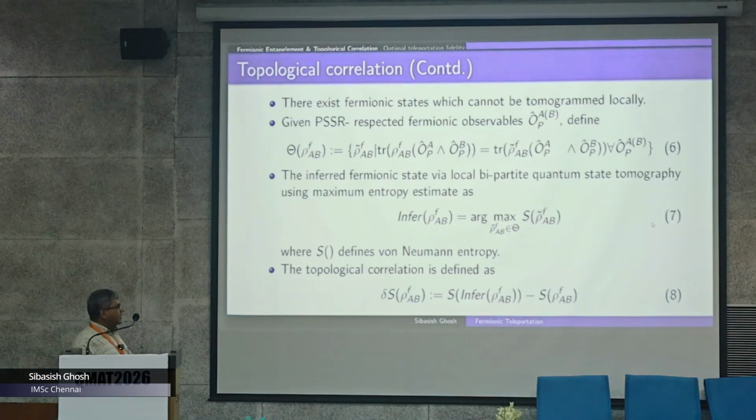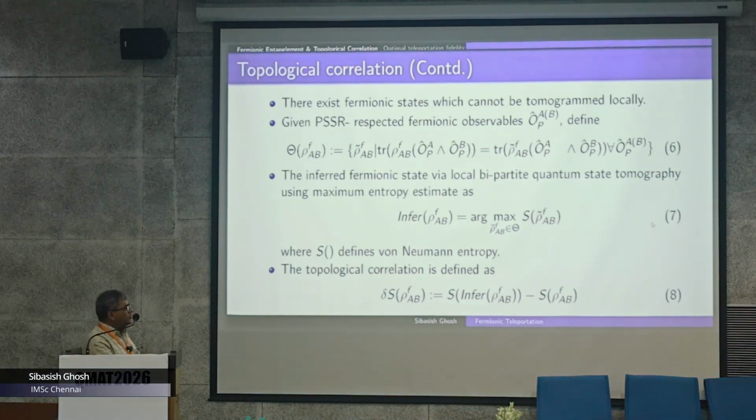So, how do we figure out how much topological correlation there is in a state? You take your state, a bipartite fermionic state, and I forgot to tell you that in a fermionic system, instead of the tensor product, you will have to consider the wedge product. So you consider these traces, and you look for rho tilde f such that this trace will be the same as with this rho tilde f. You take the collection of all those rho tilde f, where rho f is given.